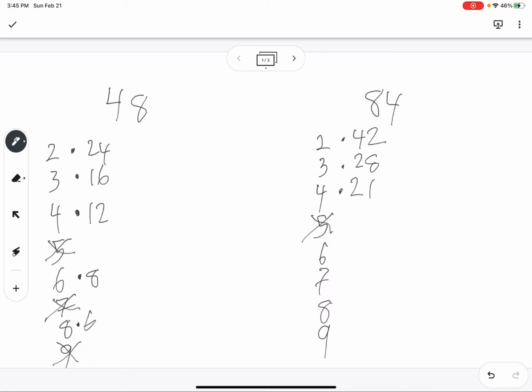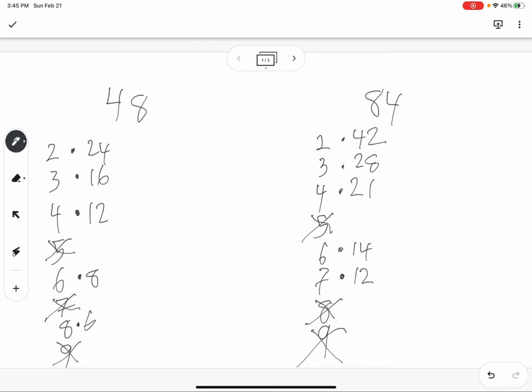84 divided by 6 equals 14. Got a lot of factors here. 84 divided by 7 equals 12. That's a whole number, so I write that down. 84 divided by 8 equals 10.5. That's a decimal, so I'm going to cross that out. And 84 divided by 9 equals 9.333, so that's not it.